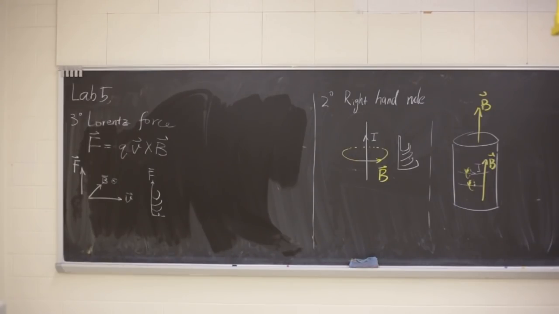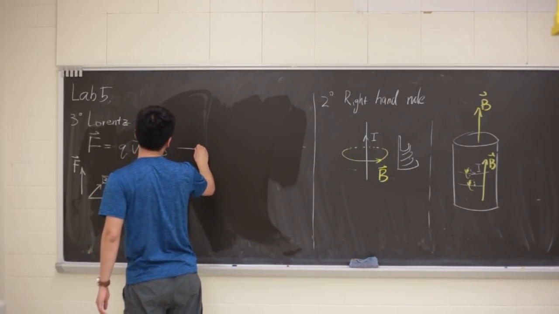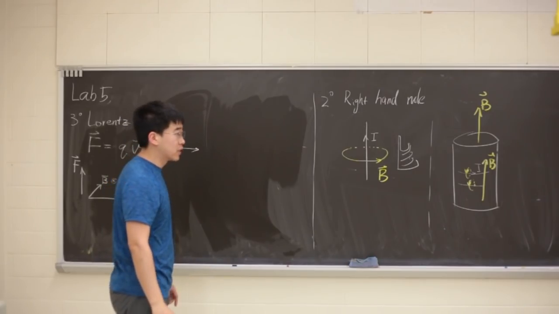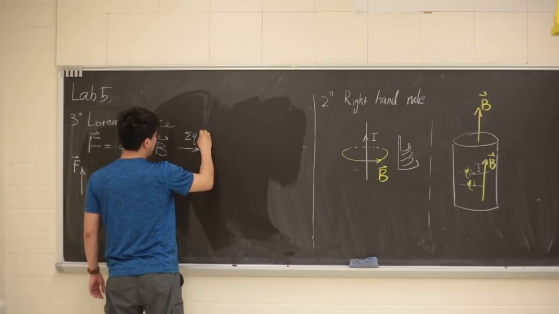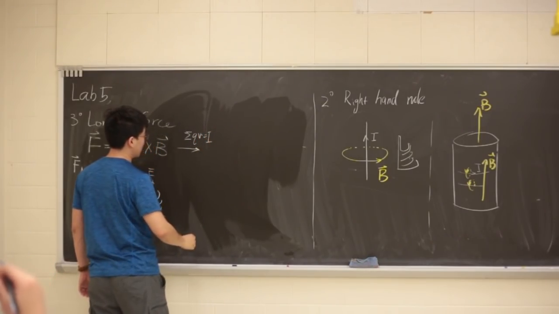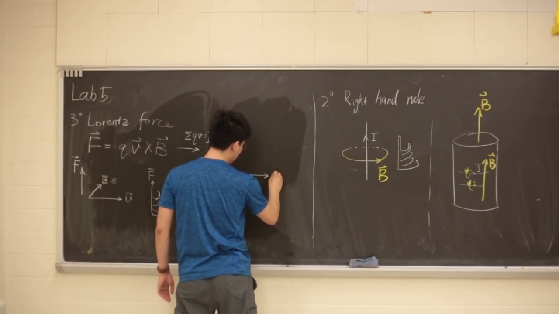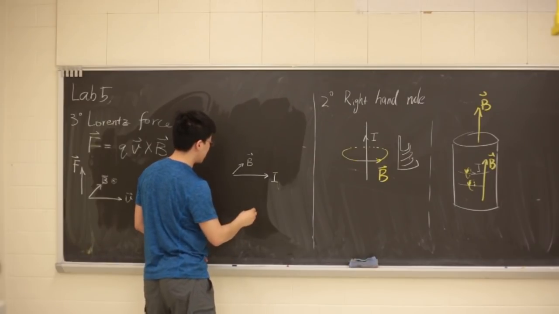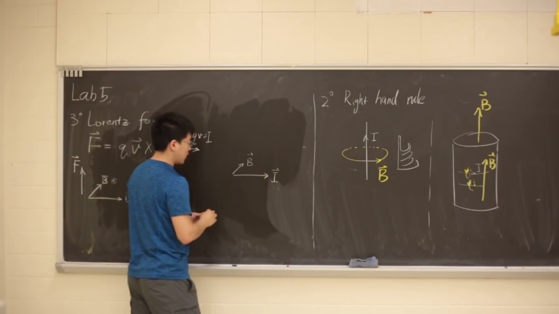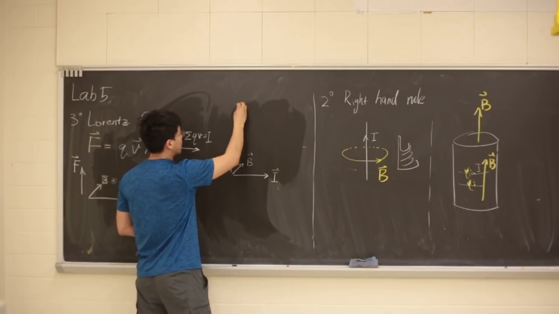Oh, and also if you consider a stream of particles, you can consider it equivalent to a current, right? So if you sum all the Q times velocity, it's basically literally the current. So there we have a current going this way, and the B field going inside. You will also have a force pointing upward.